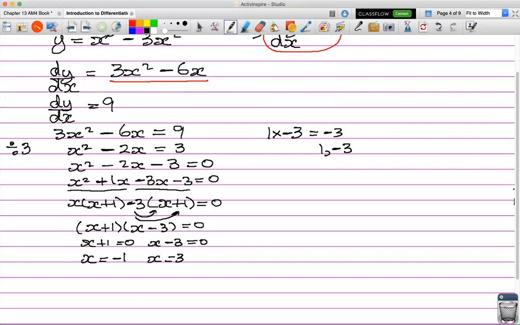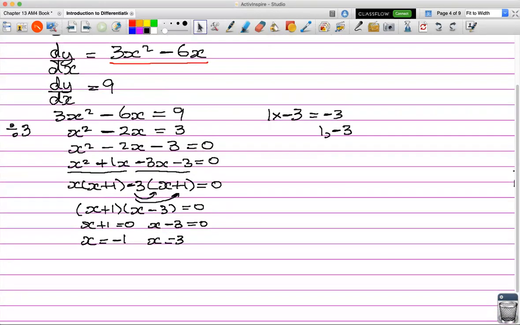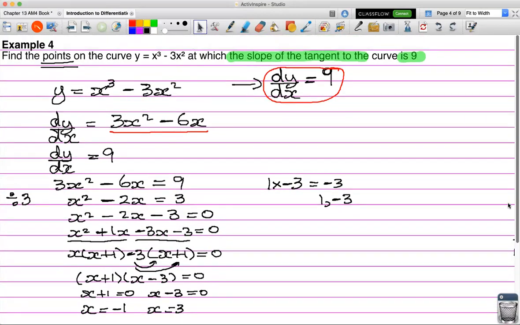Now, you need to be very, very careful. You need to read the question, because the question clearly stated that it wanted the points, and the points are of the equation y equals x cubed minus 3x squared.